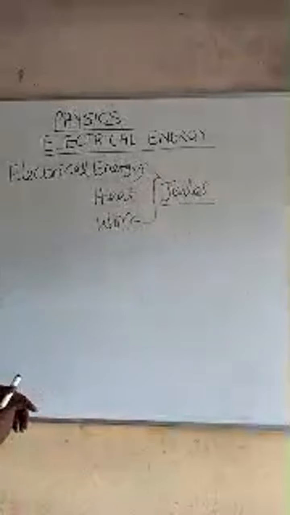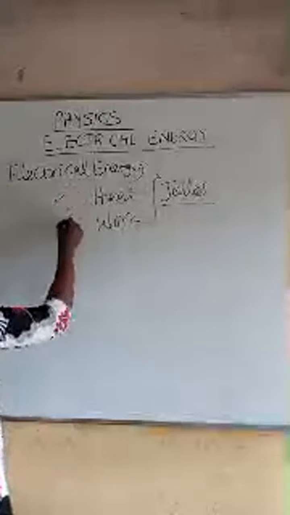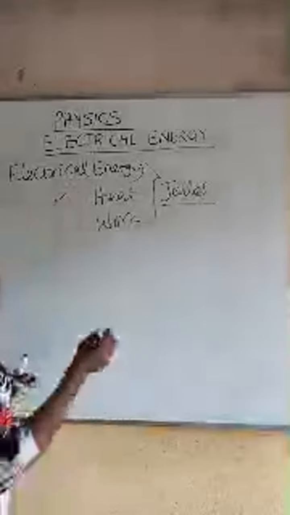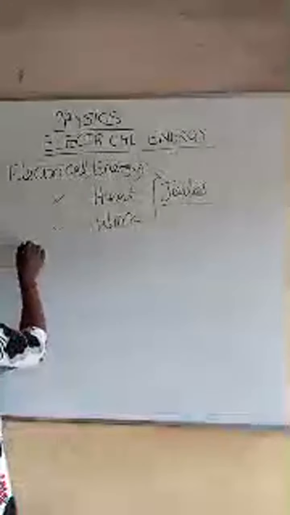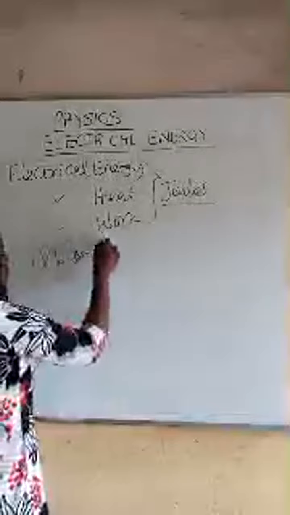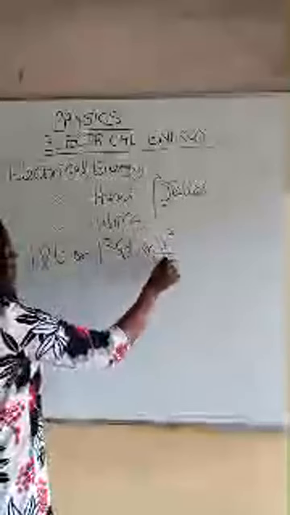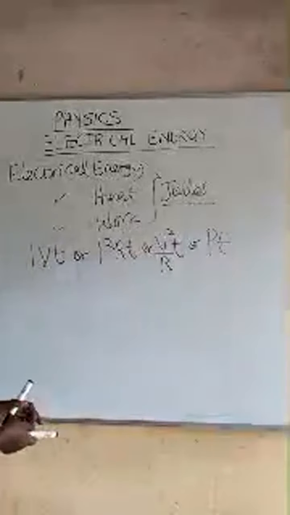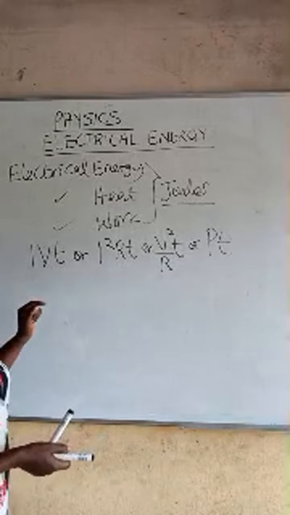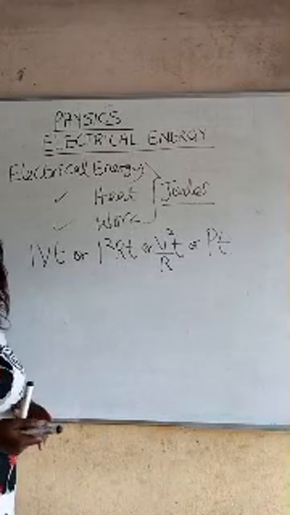They are all measured in joules: electrical energy, electrical heat, and electrical work. You are going to use these similar formulas to solve, which are IVT, or I squared RT, or V squared over R times T, or PT, where I stands for electric current, V is potential difference, T is time, R is resistance, and P is power.